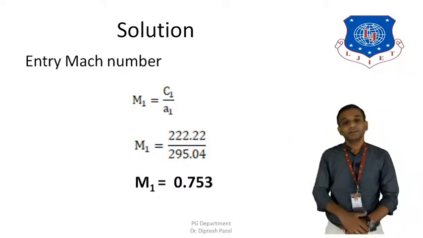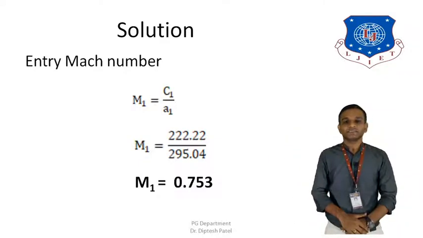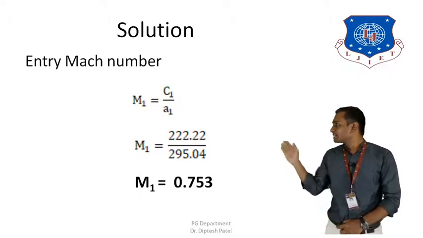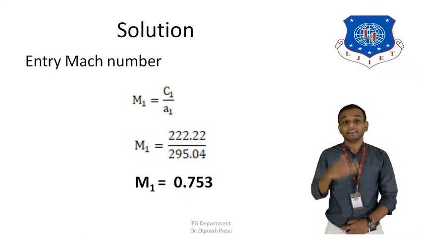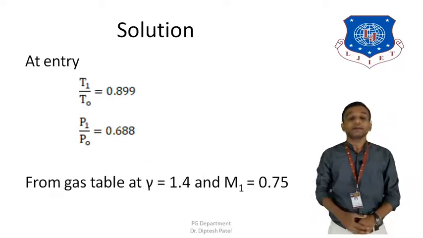M1 is equal to 222.22, which is C1, divided by A1, which we have calculated in the previous slide, that is 295.04. After going through the calculations, I get M1 is equal to 0.753, which is the Mach number at the entry, or section 1. So this is our first finding. Now let's move forward to our next finding.